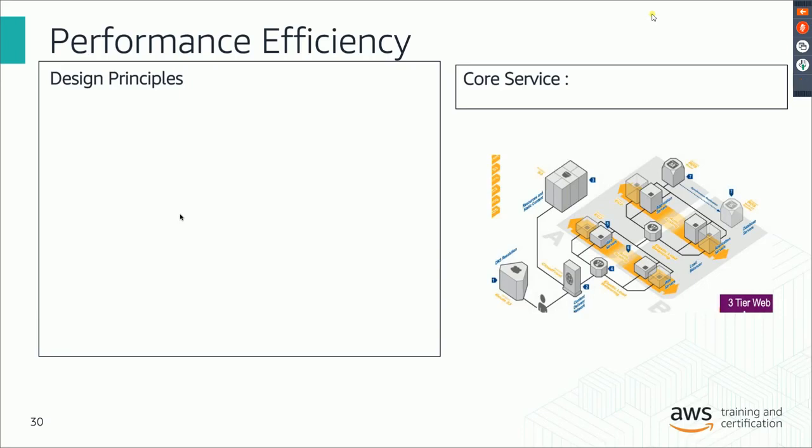Now, how many of you have heard of this word before, mechanical sympathy? Now, this is about making sure that you are using and understanding the system the way it should be designed, so that you can align your business goals and have an optimal price performance ratio, right?